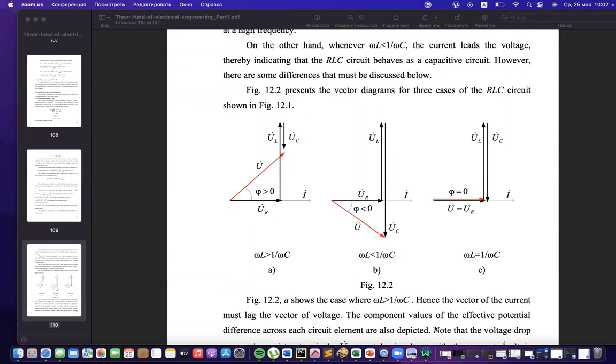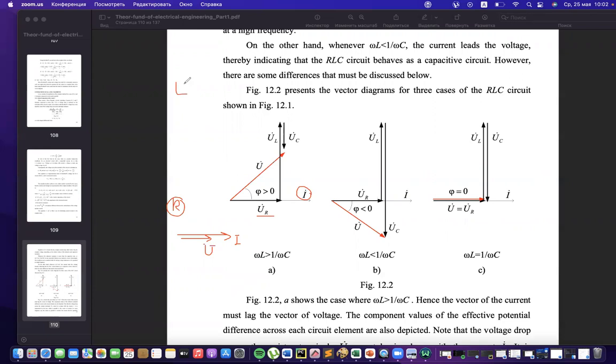Why? Because for the resistor, as we discussed previously, current and voltage should be the same vector. If we point total current, the voltage is here.